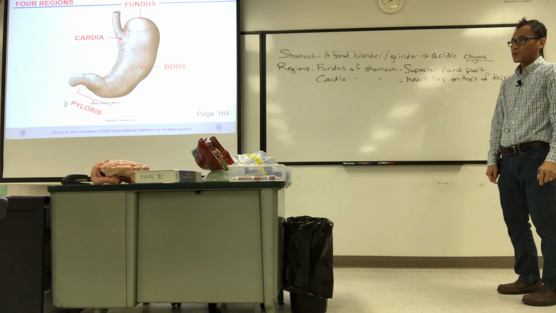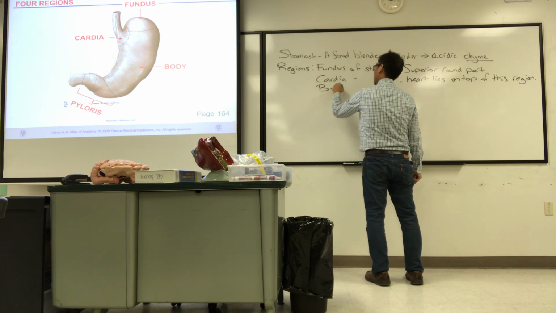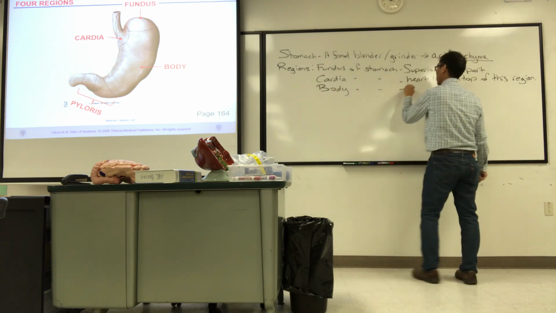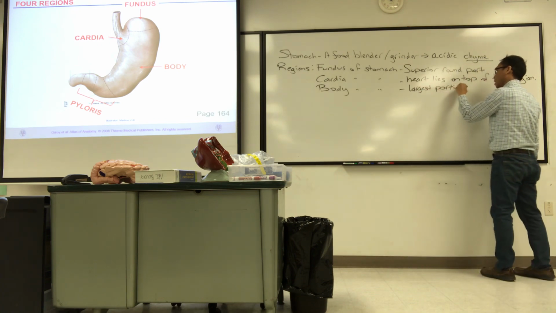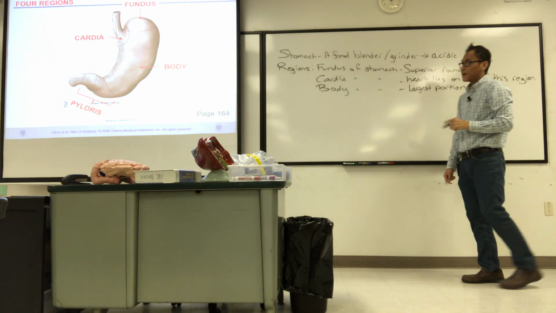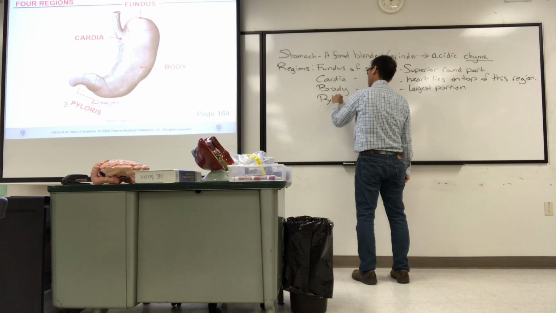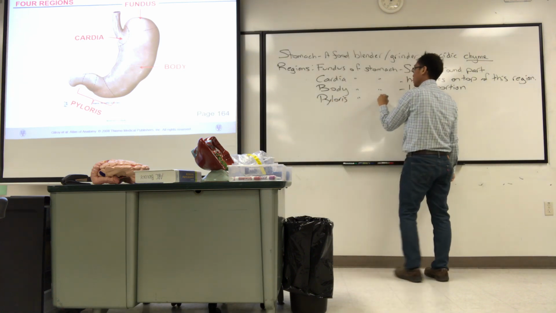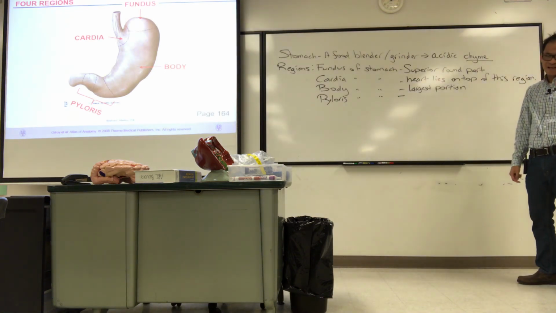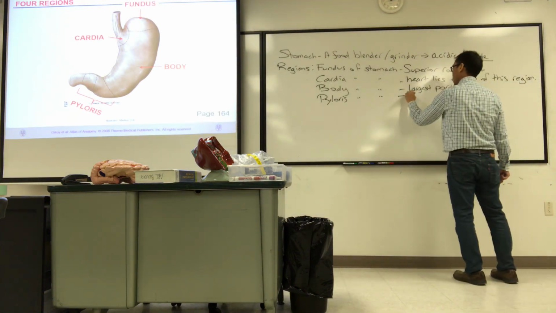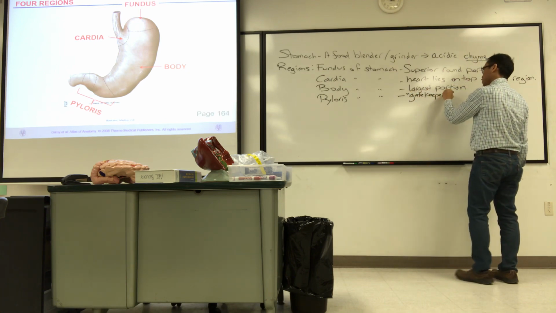Now, the large portion of the stomach is the body. Body of stomach, largest portion. And then you can see the body, it funnels into the pylorus. The pylorus of the stomach, this region, the word means gatekeeper. It has a gatekeeper function.